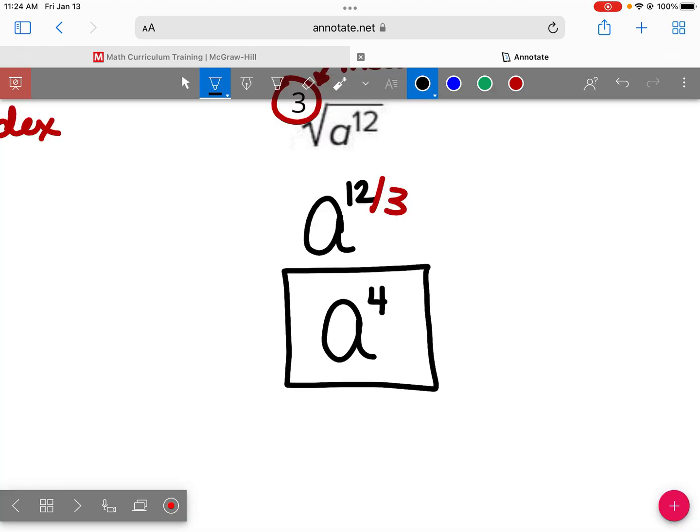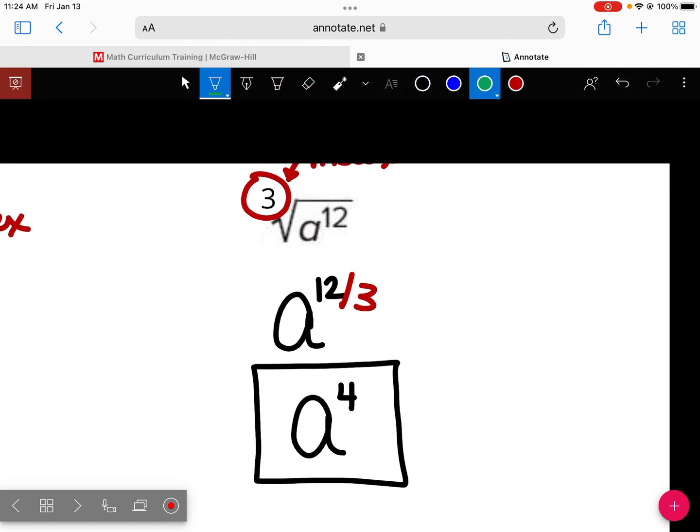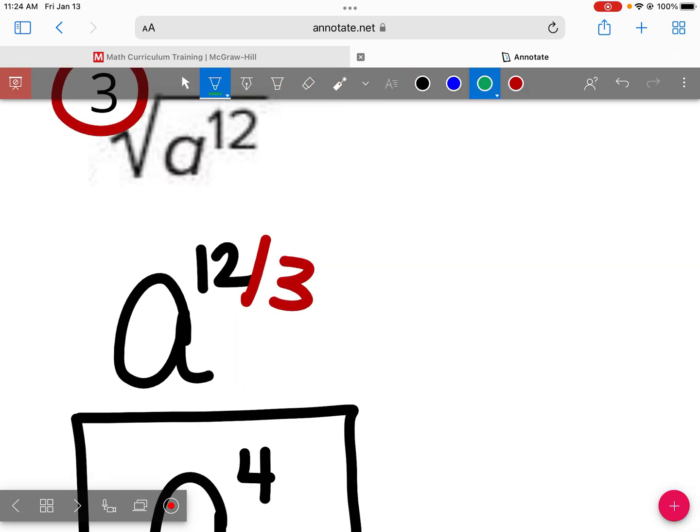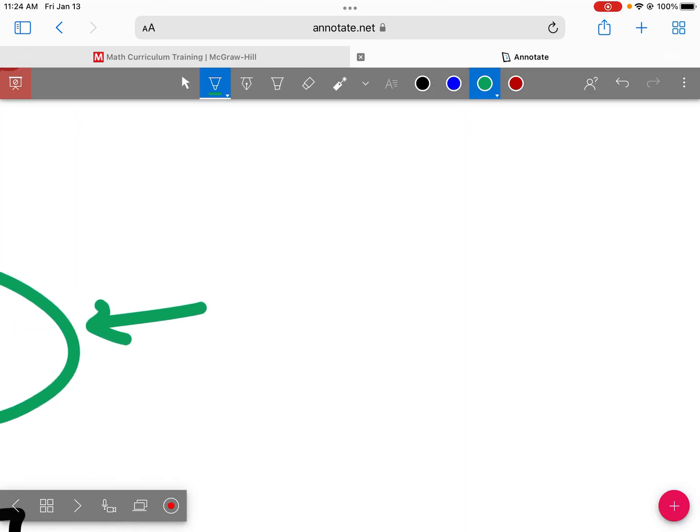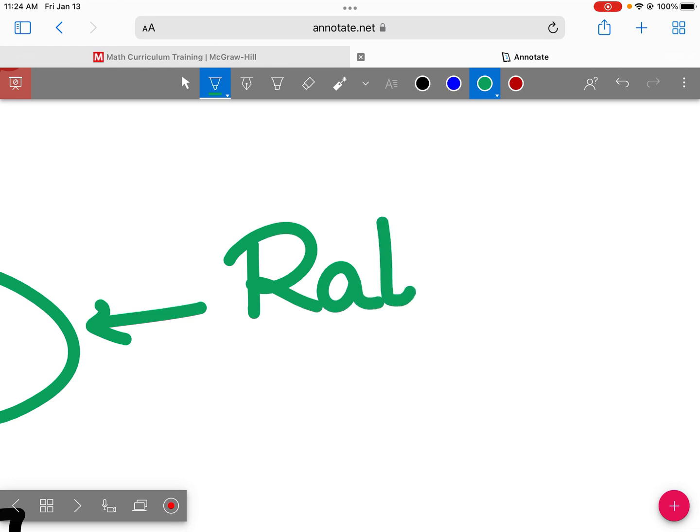We are going to be in your books, starting on page 317. We're going to learn about something today called a rational exponent. And actually, I just had you do this on the bell work. This right here is a rational exponent.